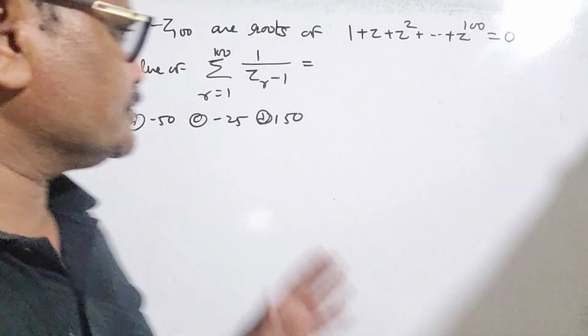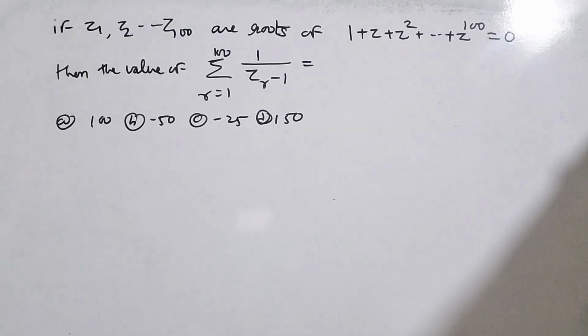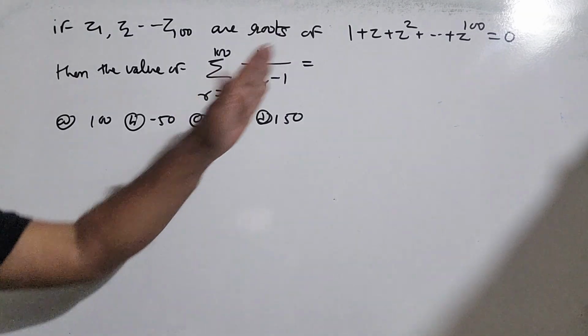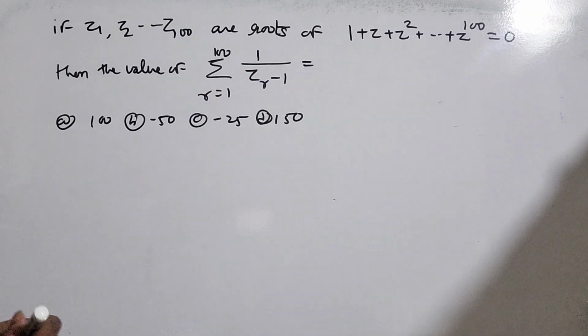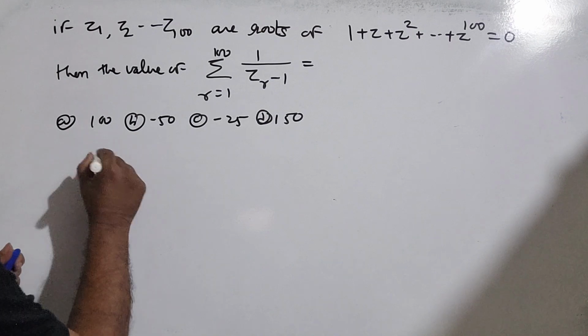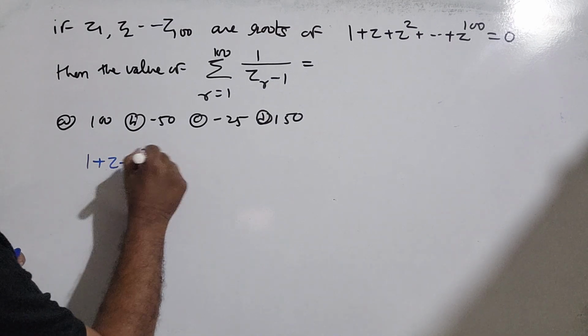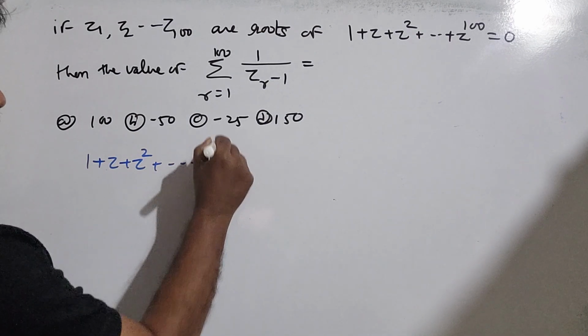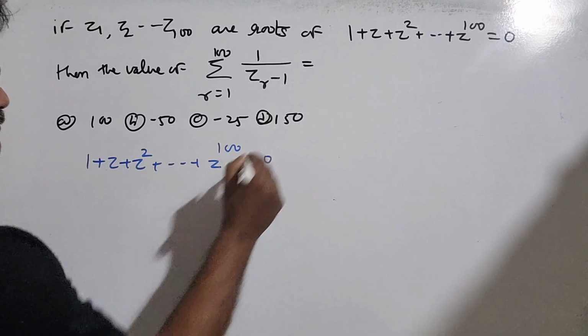So let us see this question. If z1, z2, up to z100 are roots of this equation, 1 plus z plus z square up to z to the power 100 equal to 0.